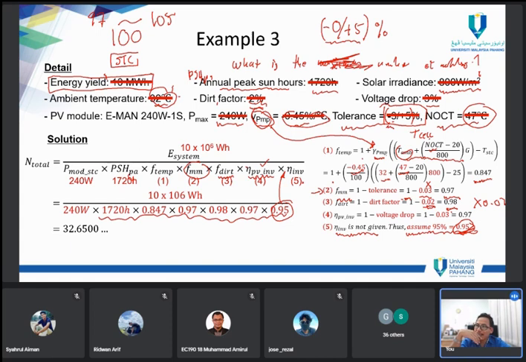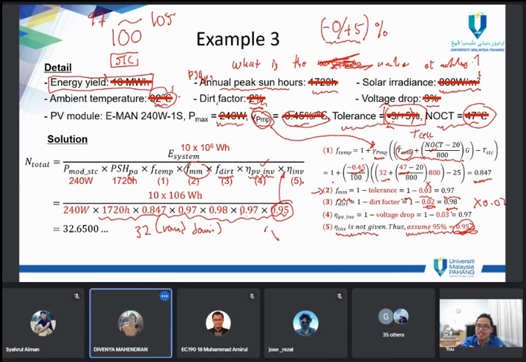Lain macam mana? Nak dengar pendapat lain. Divya. Yes, Doctor. I think 32. 32. So the answer is 32, round down. The reason? What is the reason, Divya?